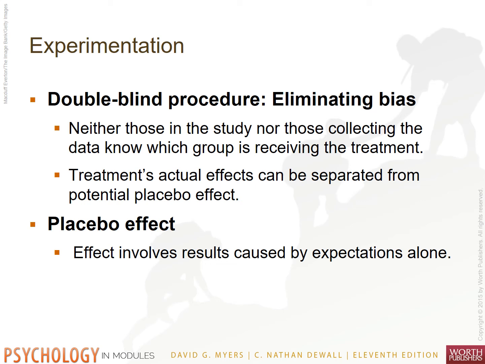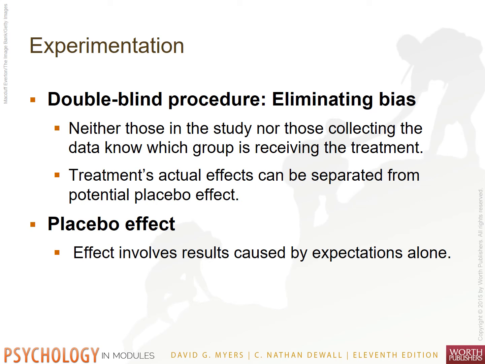So if we didn't randomly assign to conditions, what could happen is maybe everybody in the antidepressant group tends to be very smart, and maybe everybody in the placebo group tends to be not so smart, or maybe there's more males in the treatment group and more females in the placebo group, or maybe there's more social people in the treatment group and less social people in the control group. But all of these things are alternative explanations.